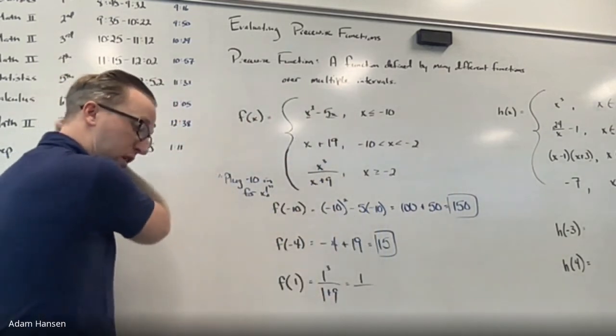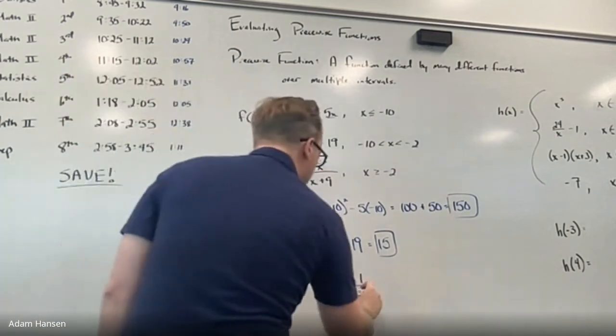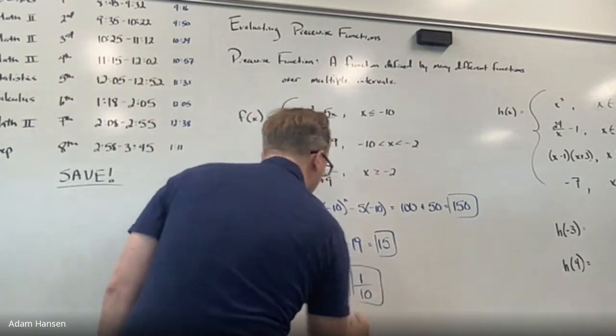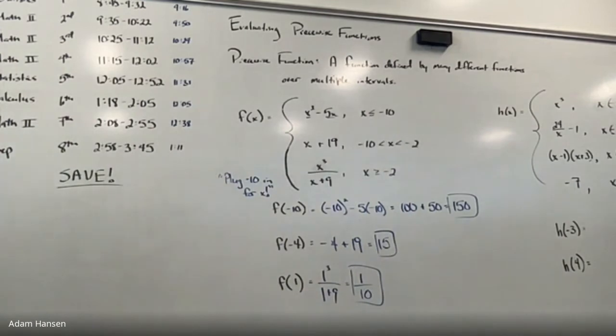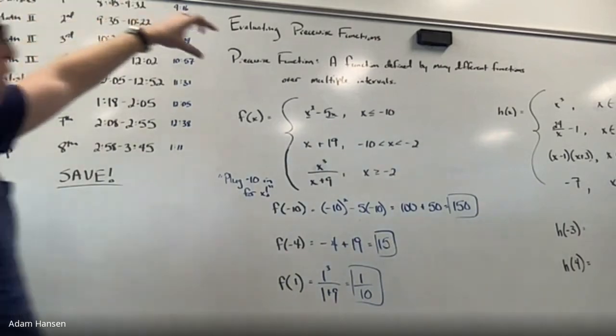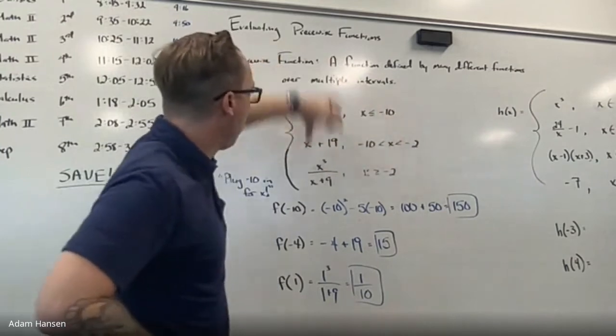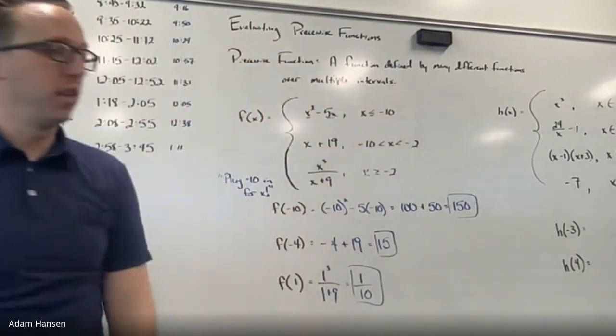What's 9 plus 1 for the denominator? 10. So 1/10. All done. 1/10 or 0.1 as a decimal. In a piecewise function, these inequalities help you determine which of these formulas to plug your number into. That's pretty much it.